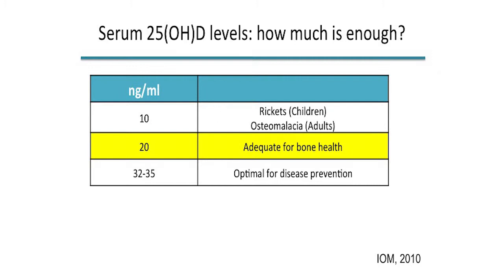The level of 20 nanograms per ml is accepted as the level that you need to maintain adequate bone health, and others have suggested levels greater than 30 nanograms per ml for optimal disease prevention. But importantly, it should be above 20 nanograms per ml.